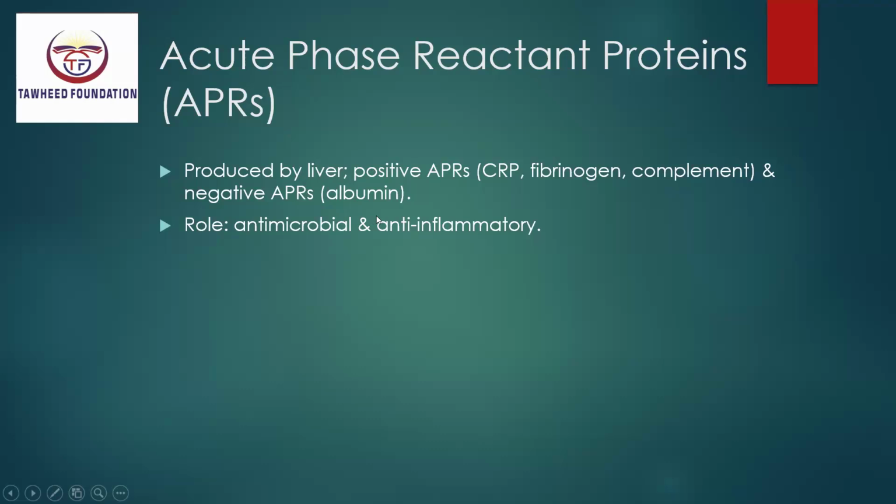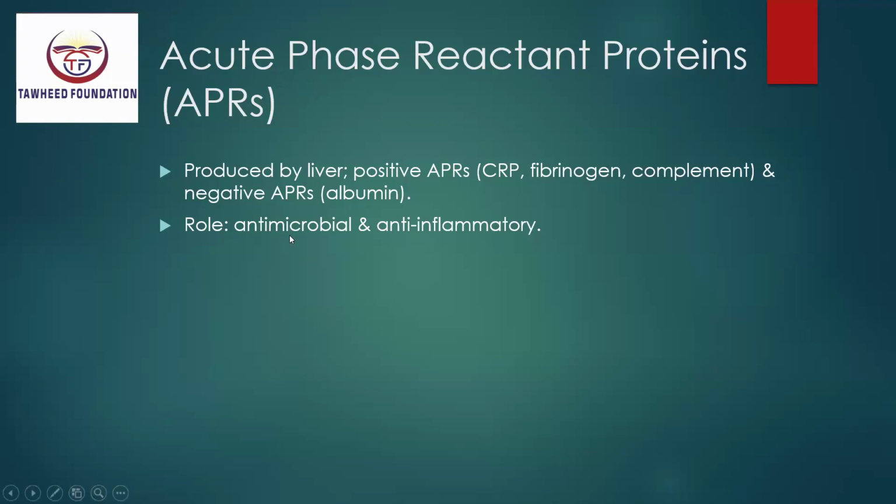Examples include serum C-reactive protein, complement proteins, coagulation proteins, proteinase inhibitors. Negative APRs are the proteins whose levels decrease during acute inflammation, thus creating a negative feedback that stimulates the liver to produce positive APRs.